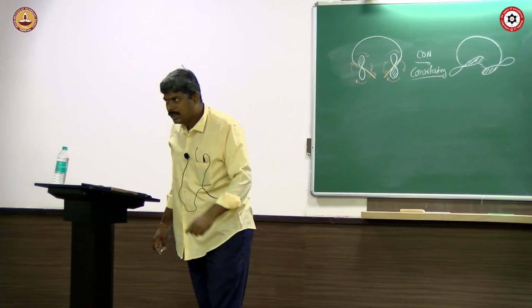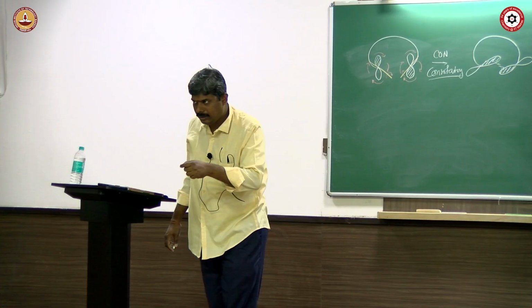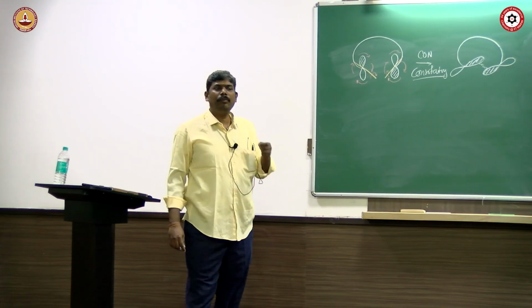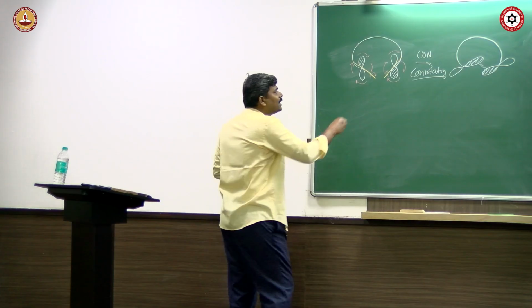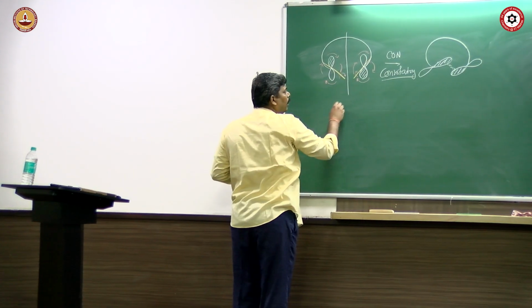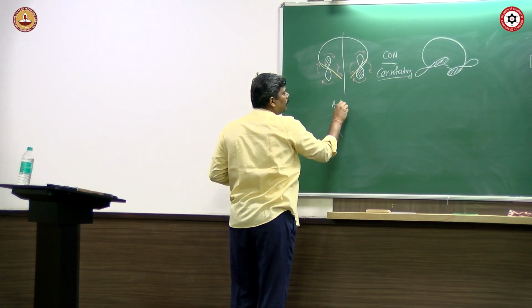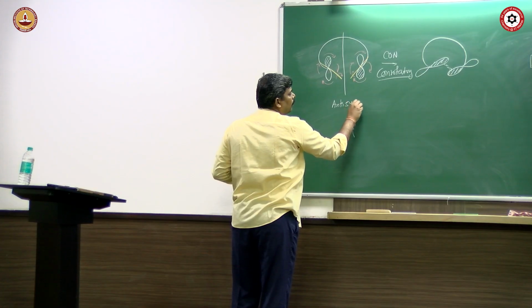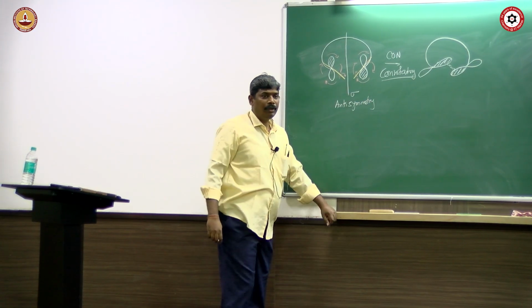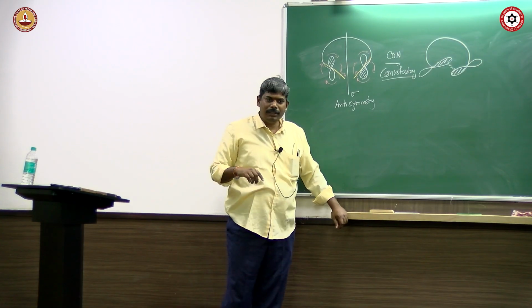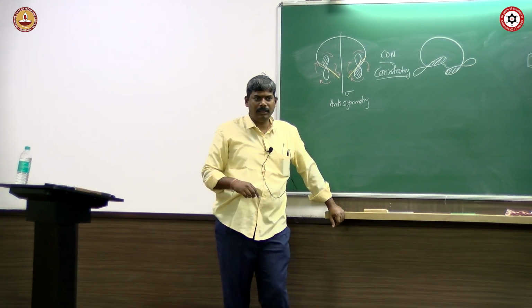So if this has to happen, your molecular orbital which you are looking at has to have a sigma antisymmetry. Because there is some molecular orbital which we are going to see in the coming 10 minutes after that.